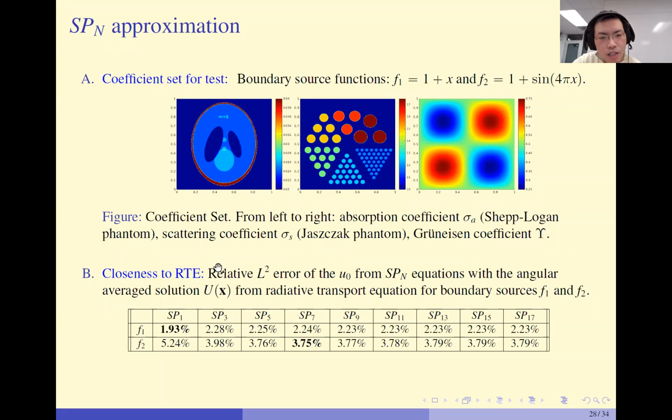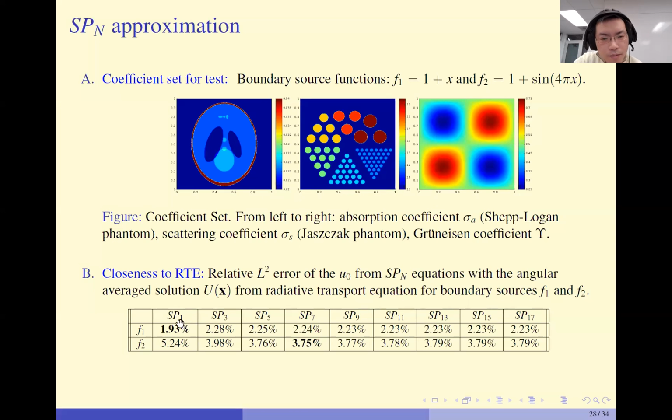And the first experiment is to show that the SPN model is not necessarily an approximation to the radiative transport model, which is already known, because these coefficients, you can see, are quite complicated. They are not necessarily piecewise constant coefficients.